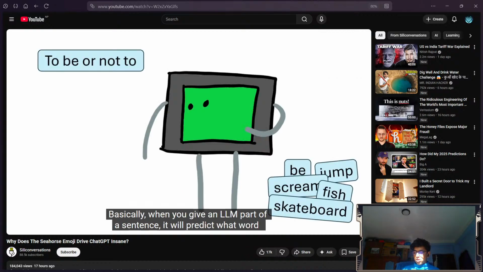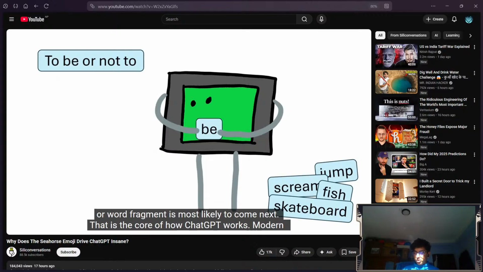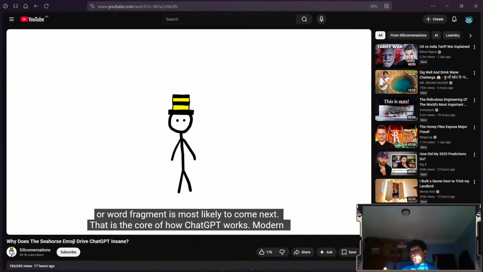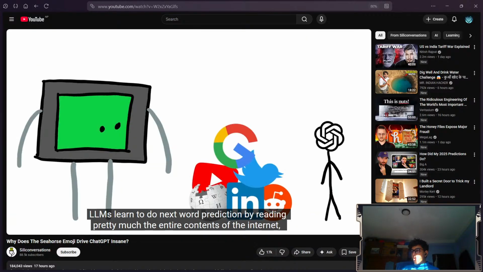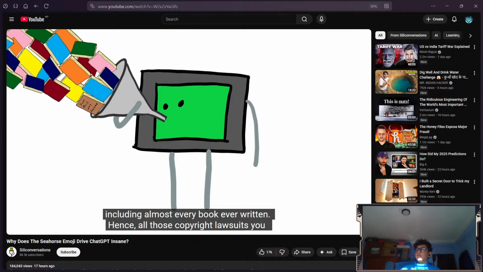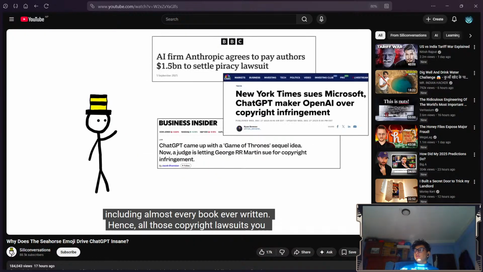Basically, when you give an LLM part of a sentence, it will predict what word or word fragment is most likely to come next. That is the core of how ChatGPT works. Modern LLMs learn to do next word prediction by reading pretty much the entire contents of the internet, including almost every book ever written. Hence all those copyright lawsuits you may have heard about.